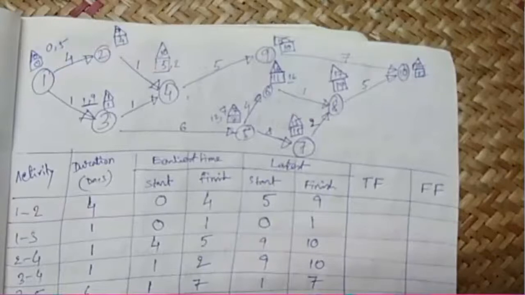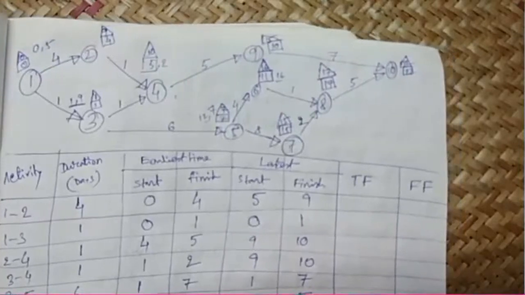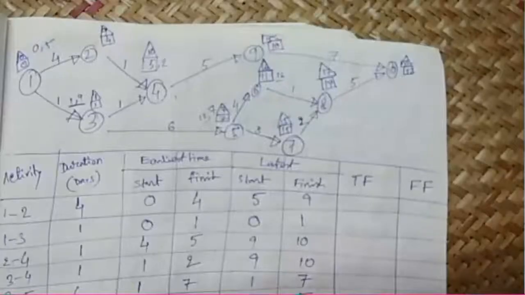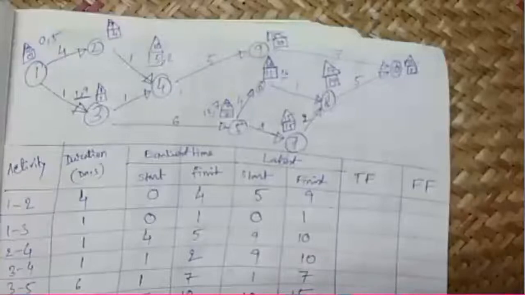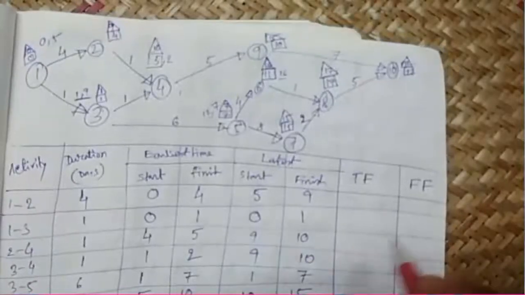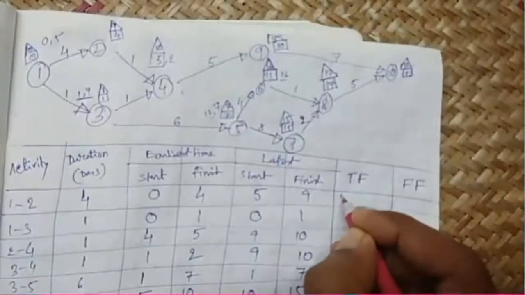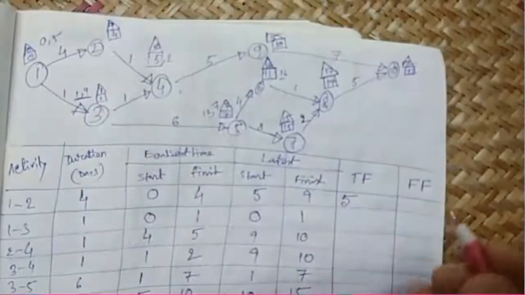Mathematically, the total float is the latest start minus the earliest start. Now if we put the values: 5 minus 0 is 5.